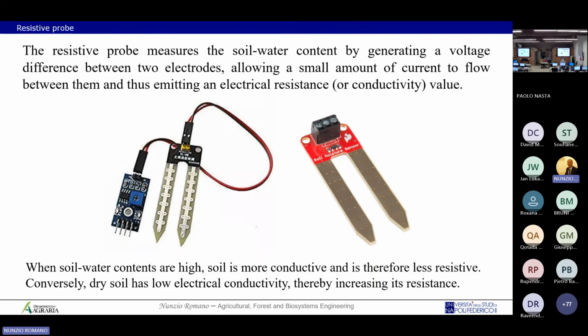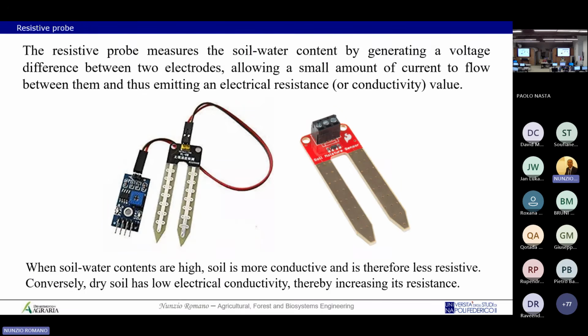And of course, the electrical resistance depends on the amount of water, because if the water content is high, the system is more conductive and less resistive. On the other hand, if the soil becomes drier and drier, the electrical conductivity is low, and this means that the resistance increases.